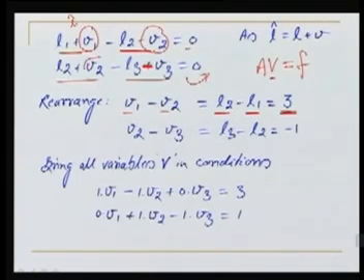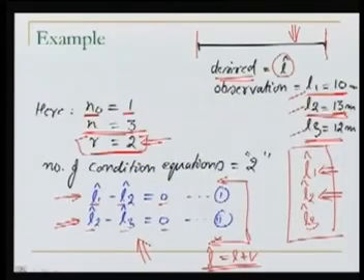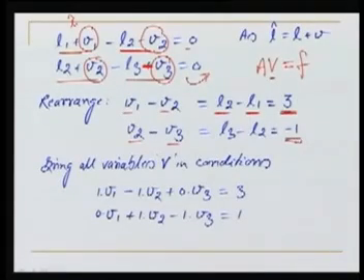Similarly, V2 minus V3 is equal to minus 1, because it is L3 minus L2. L2 is 13 and L3 is 12, that's why it is minus 1.